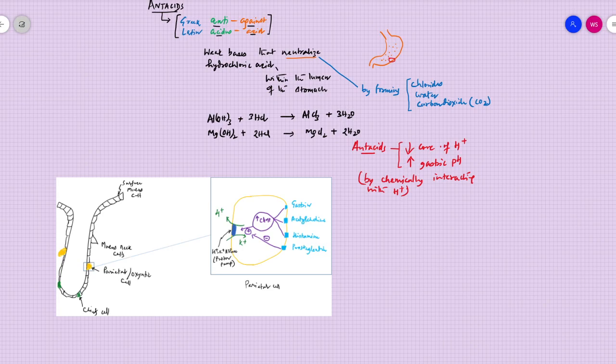What we see is a crypt within the gastric mucosa. There is essentially a pit, and there are different types of cells: chief cells, parietal or oxyntic cells, mucous neck cells, and surface mucus cells. Let's see what these cells do.